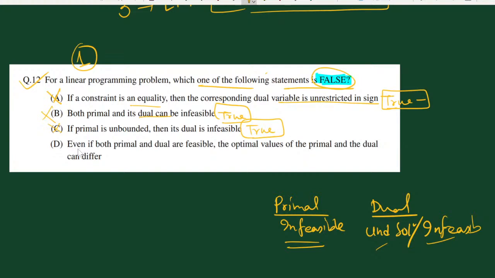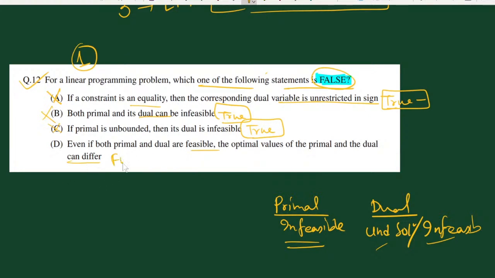Next, option D says that even if both primal and dual are feasible, the optimal values of the primal and dual can differ. So this is not the correct statement. By the fundamental theorem of LPP, we know that if the primal problem has an optimal solution, then the dual also has an optimal solution, and the optimal values of the primal and dual problems are the same.